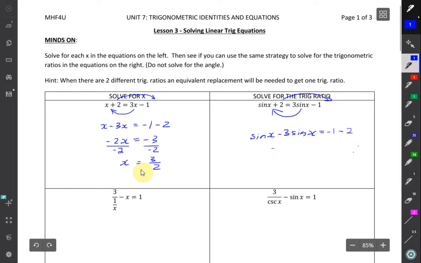Simplifying, we end up with minus 2 sine x is equal to minus 3. Now divide by what's in front of the sine x, which is minus 2 on both sides, and we end up with sine x is equal to positive 3/2. So hopefully you can readily see the similarity between solving these two equations, the main difference being that this is a sine x as opposed to an x.